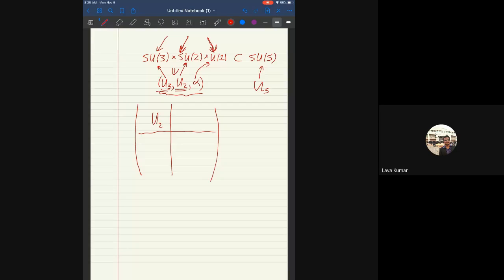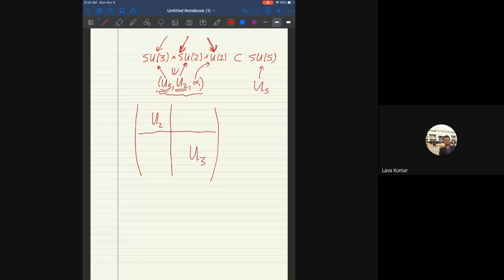So U2 is in the upper 2x2 block, and U3 is in the lower 3x3 block. And now we want to also fit the complex number alpha into this matrix somehow in a way that commutes with an arbitrary element U2 and an arbitrary element U3.